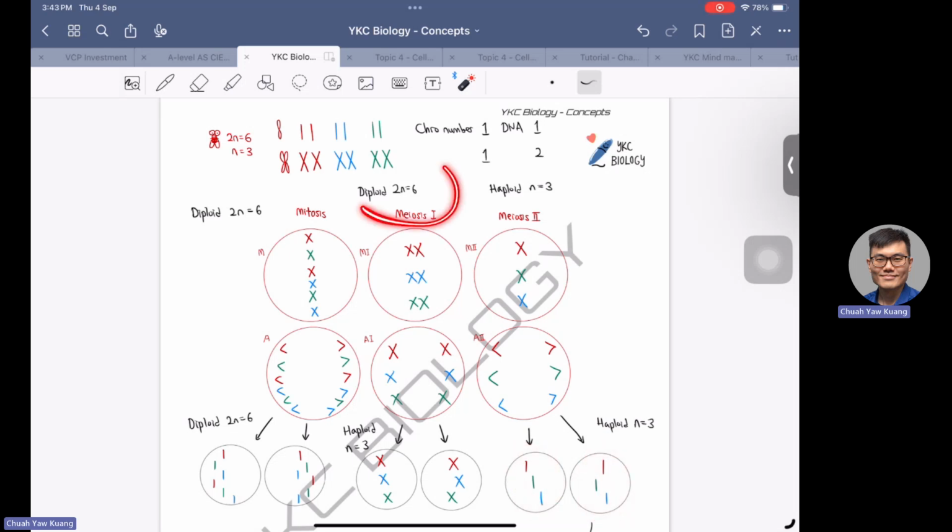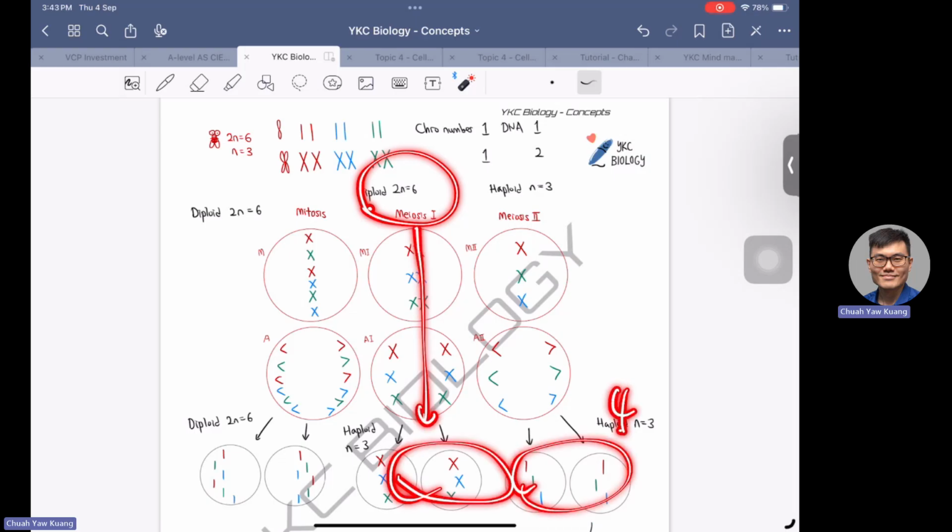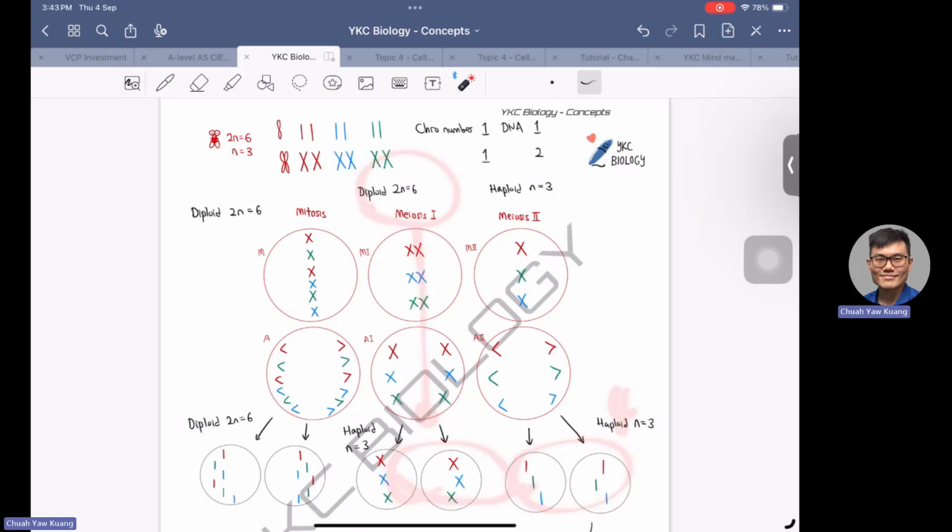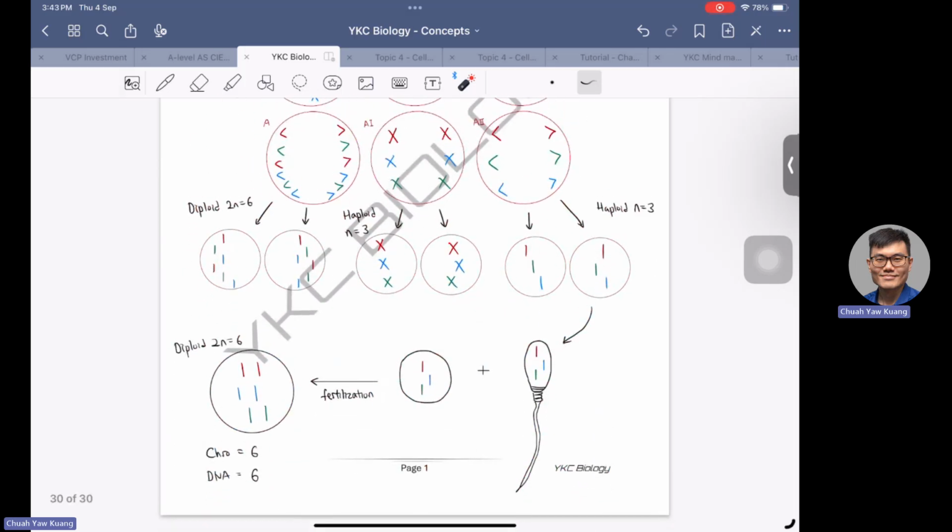One stem cell is able to produce 4 haploid daughter cells in the end. Each of these daughter cells will later develop and form a sperm cell.